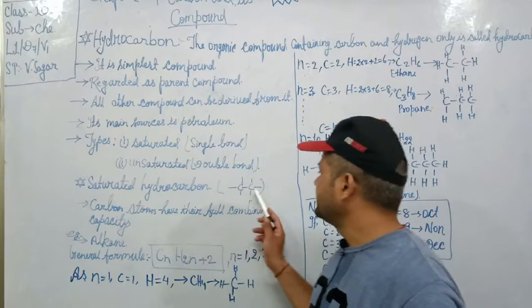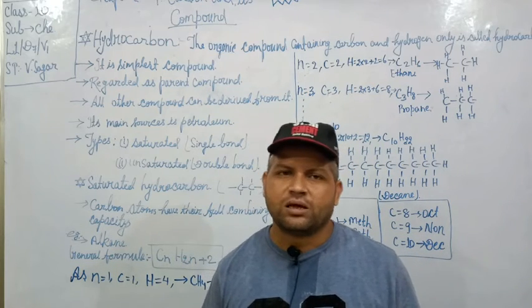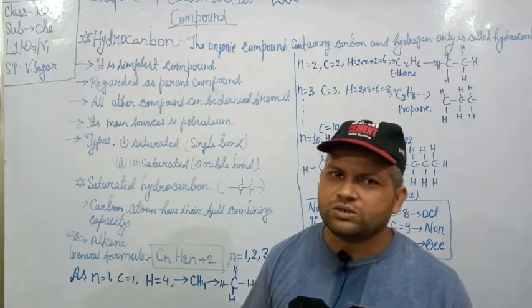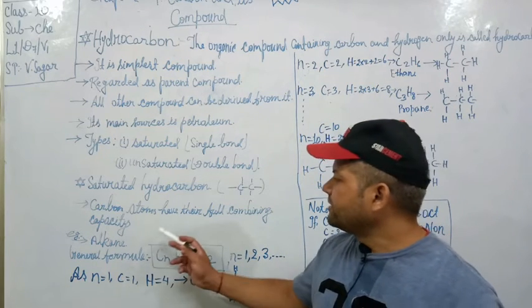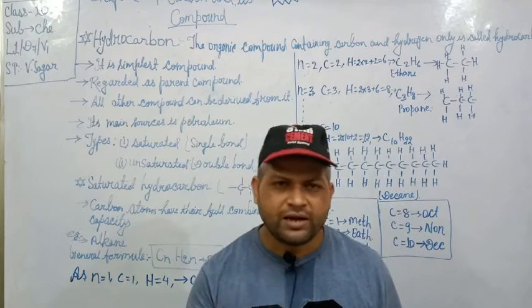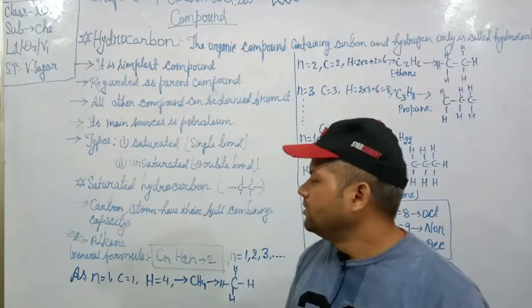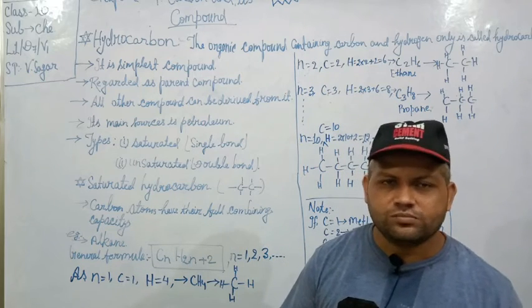When there is a single bond between carbon and other atoms, the compound formed in this way is called a saturated hydrocarbon. Carbon atoms use their full combining capacity to make single bonds, as for example in alkanes.